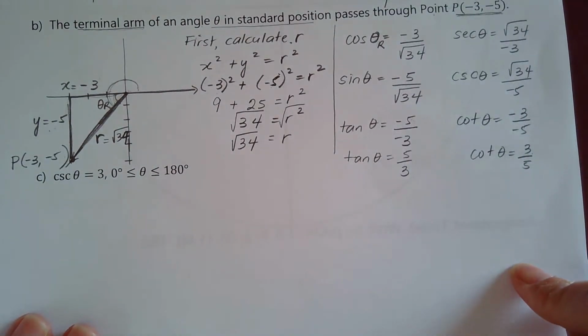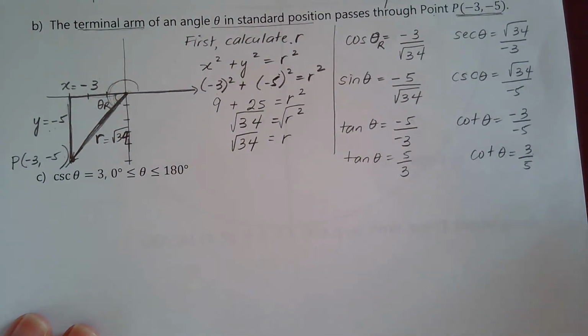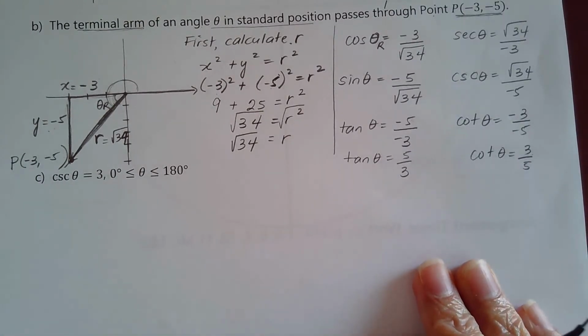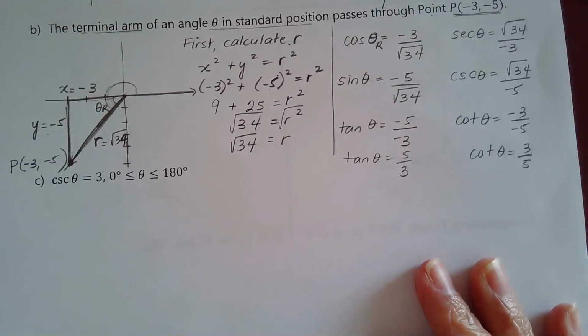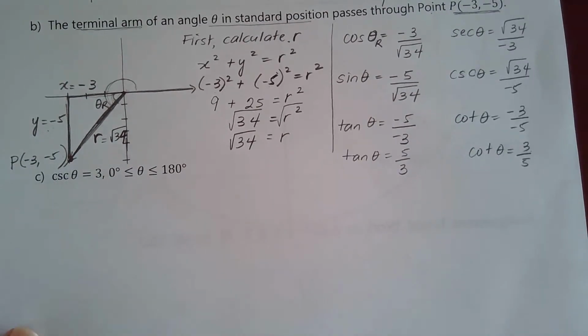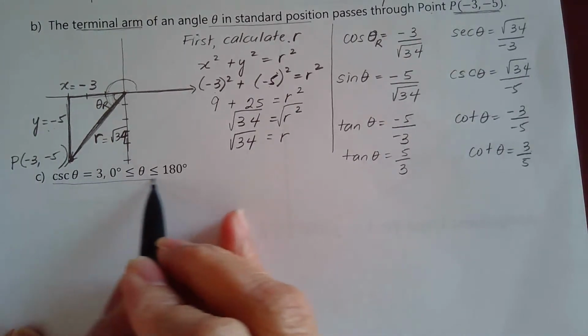Okay. So now that we've had two examples, it's a little bit easier to understand all of that stuff that we've been talking about. Now, example 1C is saying this one.